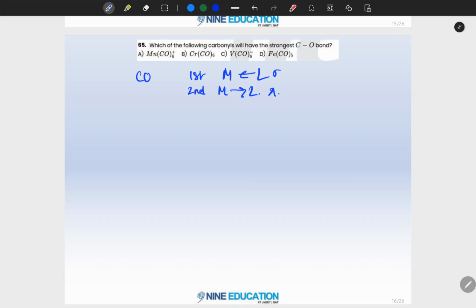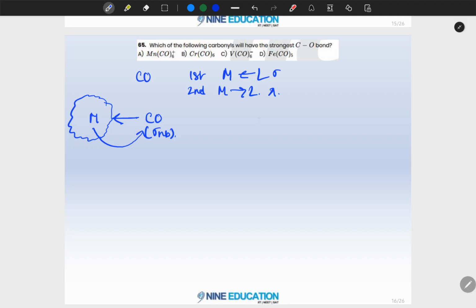So in the first step, the ligand or carbonyl will try to donate the electron cloud from its sigma non-bonding electron to the vacant orbital of metal. In the next step, what will happen? Now after the sigma donation, the electron density on metal will increase, and as a result, metal will try to donate the electron density back to the ligand, back to carbonyl.